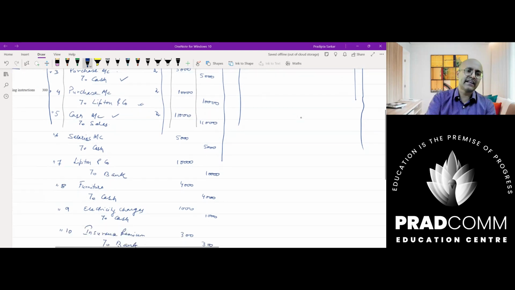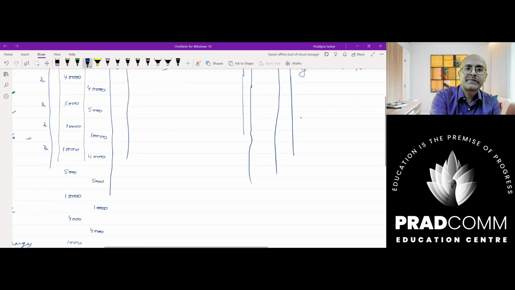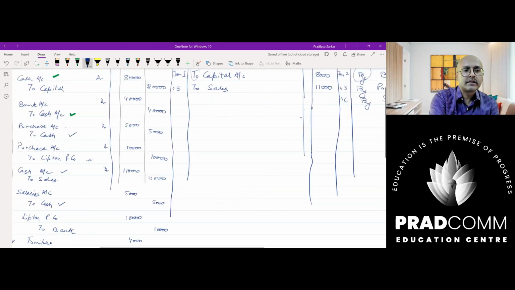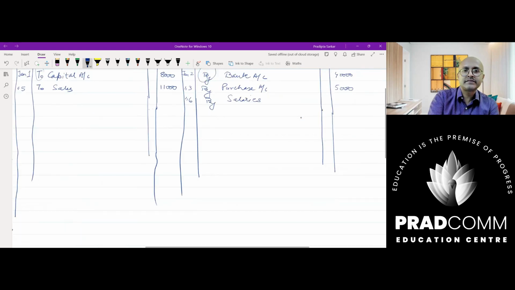Come to 6th Jan. The cash account is credited. Therefore, it will be credited, by salaries, 5,000.